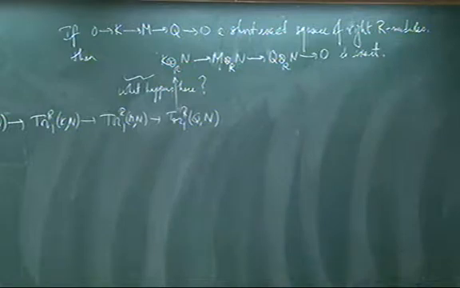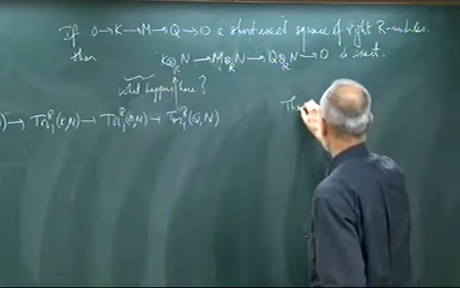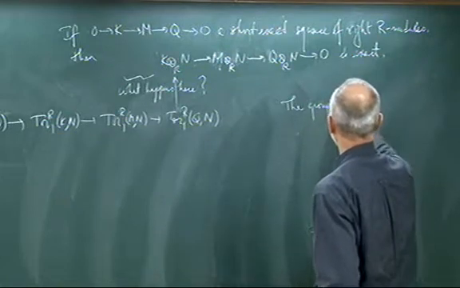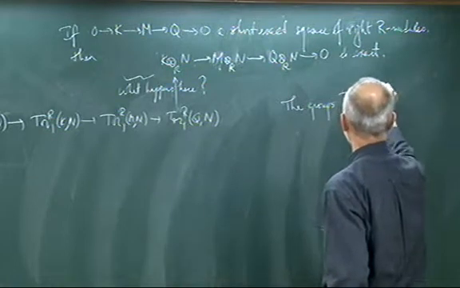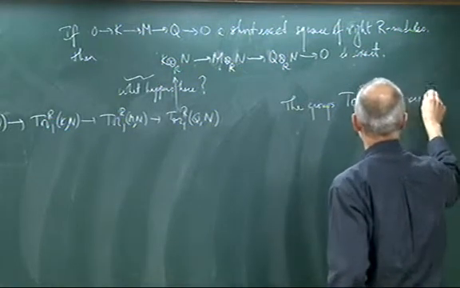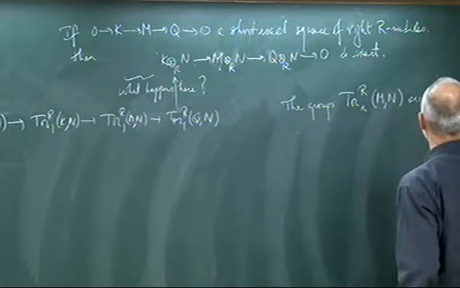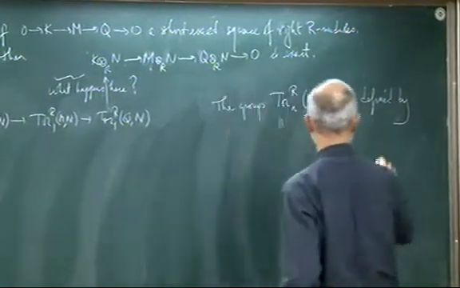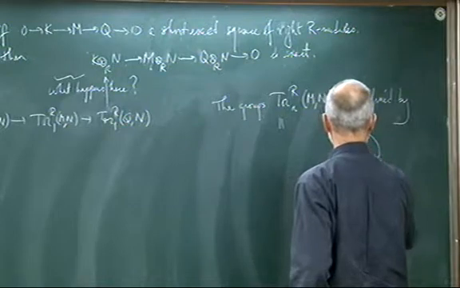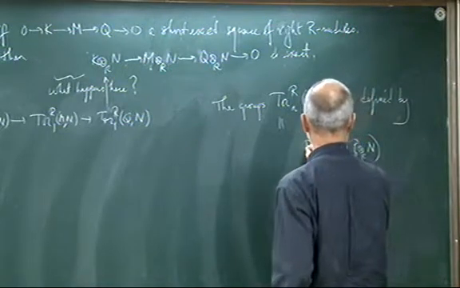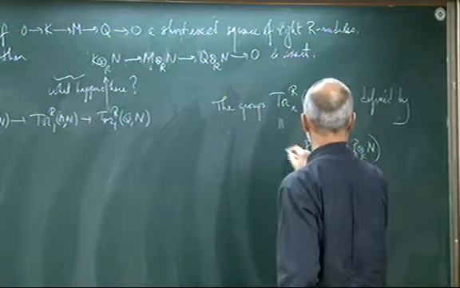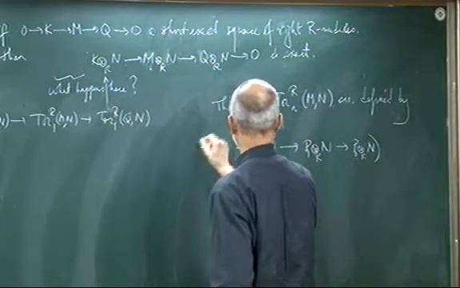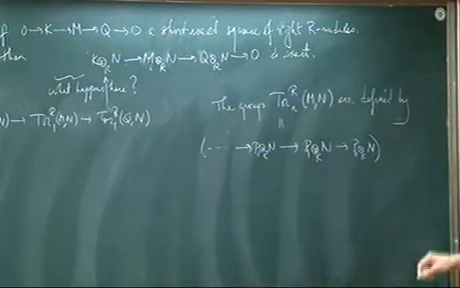So in particular, the groups Tor_n^R(M, N) are defined by doing the following. You take the sequence that you obtain from the exact sequence of the projective resolution.